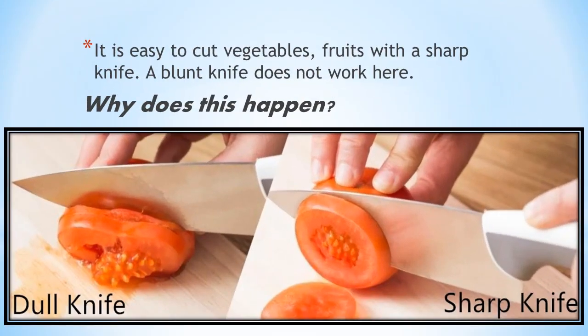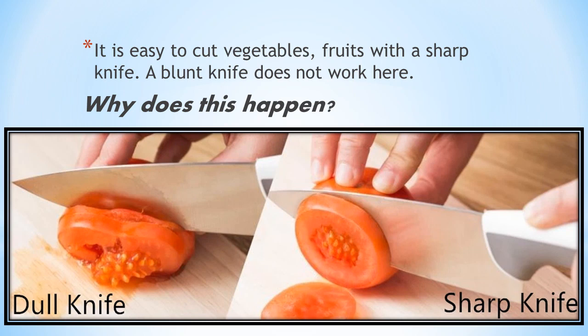Okay, use your brain power. It is easy to cut vegetables and fruits with a sharp knife. A blunt knife does not work here. Why does this happen? A sharp knife has a thinner edge, so the area under the sharp knife is less than the area under the blunt knife, because a blunt knife has more area than the sharp knife.